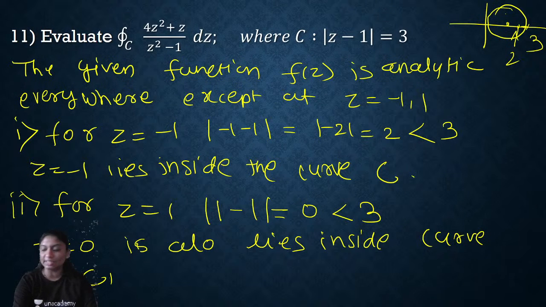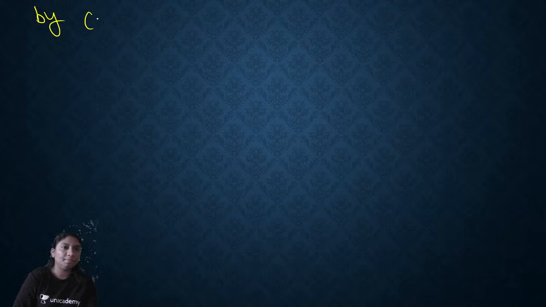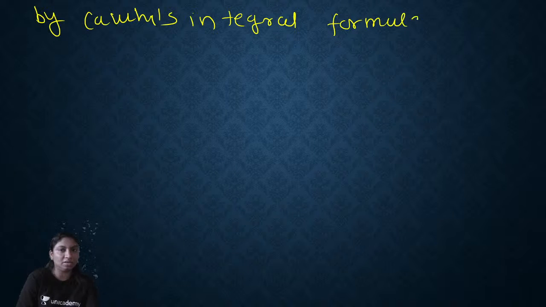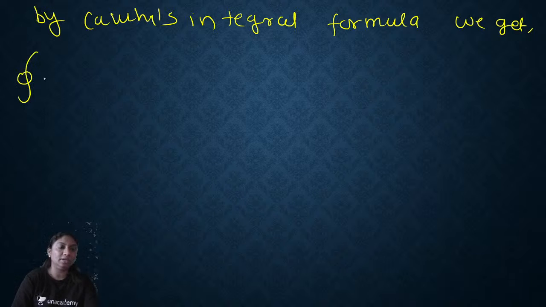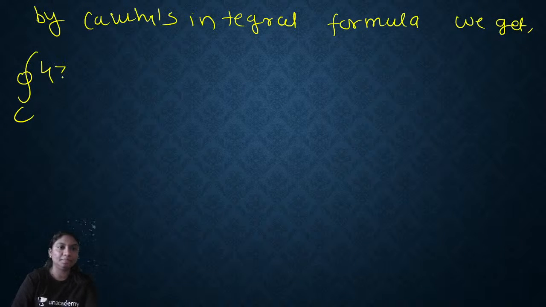So by Cauchy's integral formula we get, see here you can write the integral over C of 4z square plus z.